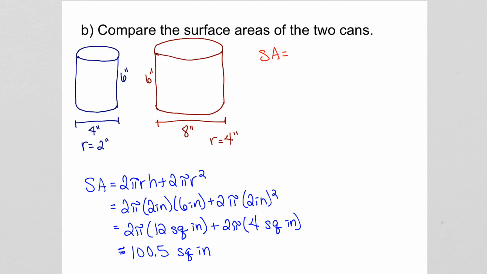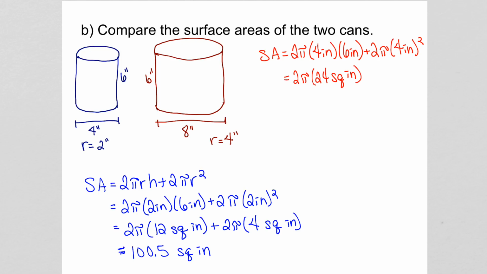Then for the other can, for the larger can, we're going to do the same thing. 2 pi, its radius is 4 inches. The height is still 6. Plus 2 pi times 4 inches squared. Got 24 square inches.